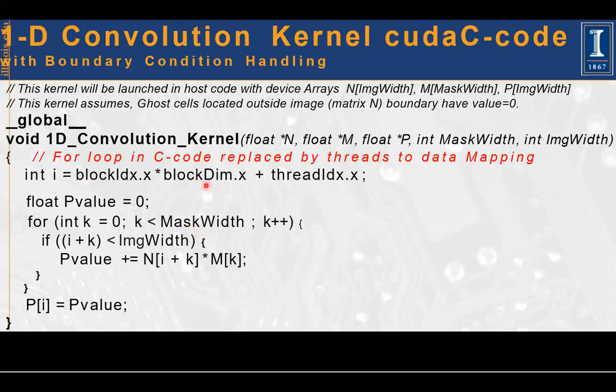So all the threads are doing a calculation in parallel and all the threads will compute their sum in 5 steps of multiply accumulate. So instead of 10,000 multiplied by 5, which is 50,000, it is only 5 steps in this case.